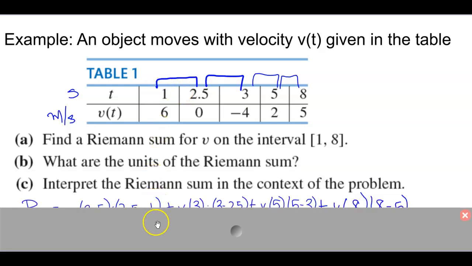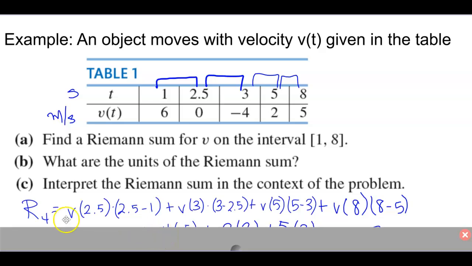Find the Riemann sum. So what we're going to do is find the right Riemann sum. I'll have 4 rectangles. And then we're going to take the velocity at 2.5. So that will be the height. And then the width is going to be the difference of the interval, 2.5 minus 1. All right, so that's my first rectangle. My second rectangle is going to be the height at v of 3.